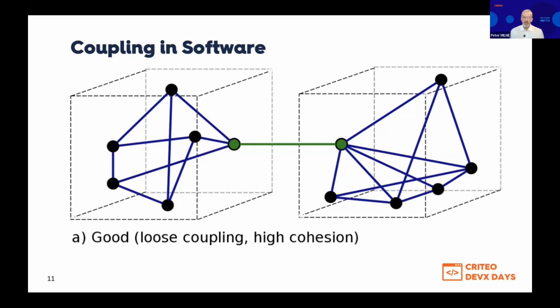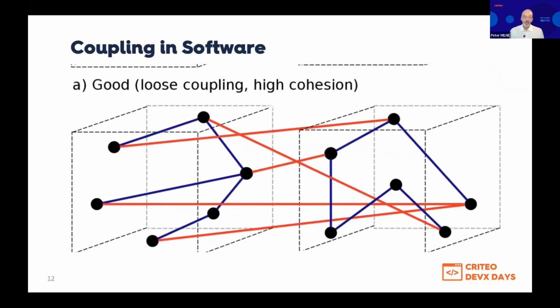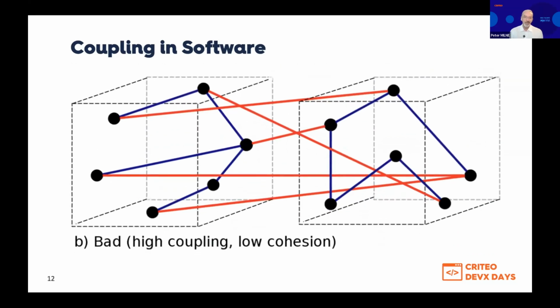You can see that there is loose coupling and high cohesion, and that's good. Now, if we look at this, you can see that there's high coupling between the modules, high dependency between the modules, and low cohesion inside. This tends to suggest that these are actually the same single module and that they shouldn't be separate. Or it's just a bad design.